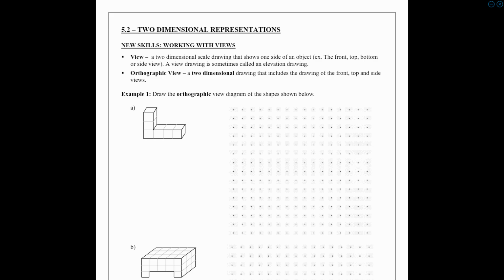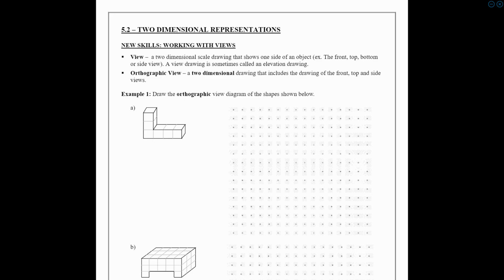And let's start out with a shape like this. So we have this L, this three-dimensional shape, which is really just one layer of 3 tall by 4 wide rectangles. All of these cubes are put together here. And we're asked to draw the orthographic view diagram of the shapes below.